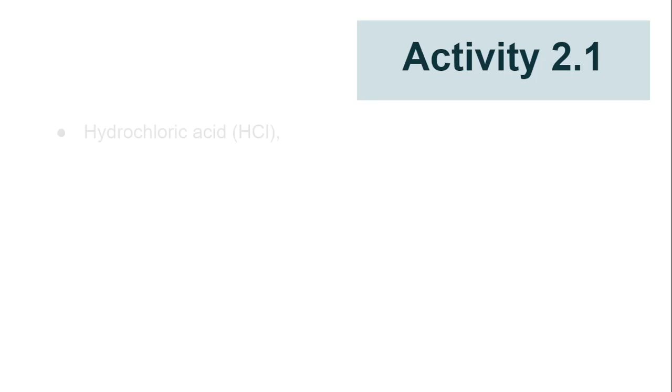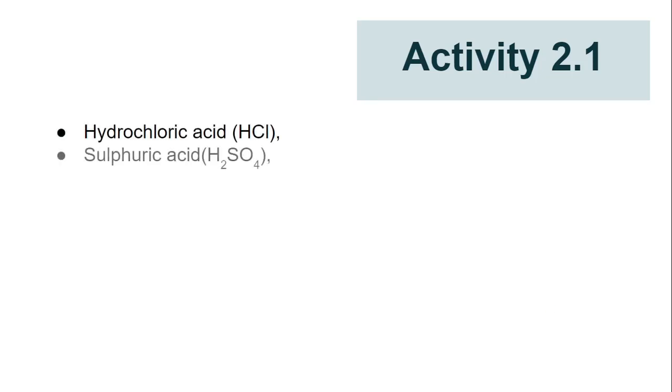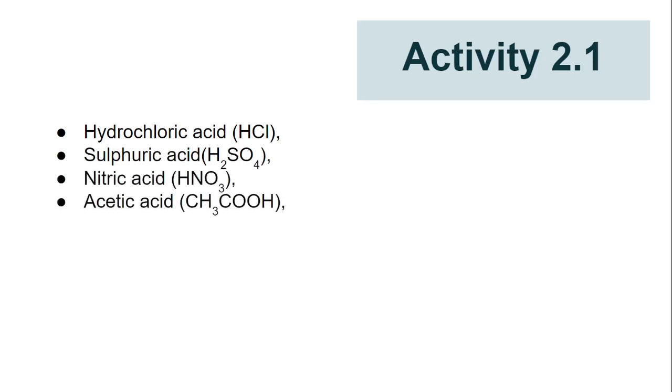So, by the activity, we can conclude that hydrochloric acid, sulfuric acid, nitric acid and acetic acid, these four, make blue litmus paper red. So they are acids.